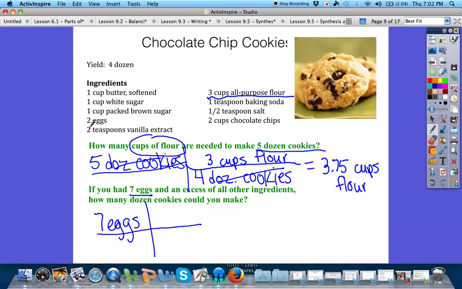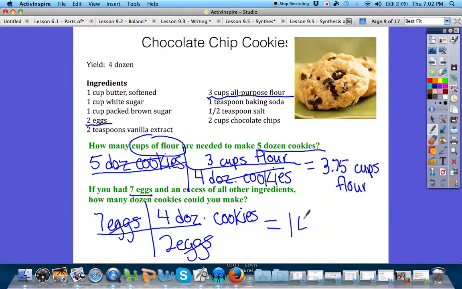This recipe calls for 2 eggs, and it produces 4 dozen cookies. So eggs are going to cancel. 7 times 4 is 28 divided by 2. So you're going to be able to bake 14 dozen cookies. So you can tell your coach or sponsor that you will commit to making 14 dozen cookies to sell at the bake sale.